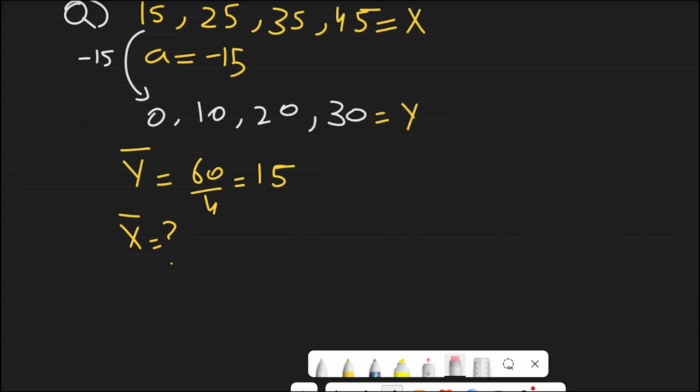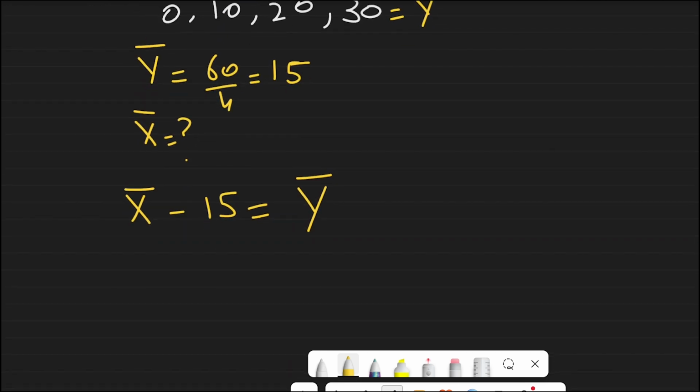So basically the mean of x is equal to the mean of y plus 15, or you can put it differently, that if we subtract 15 from the mean of x, then it would be the mean of y.